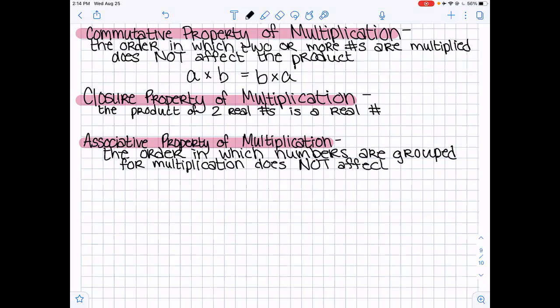Oh, the product. Good catch. Product, because we're multiplying.